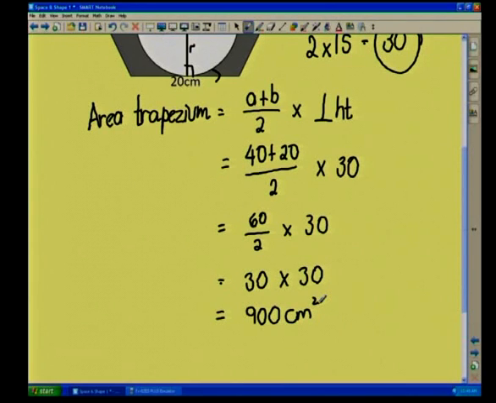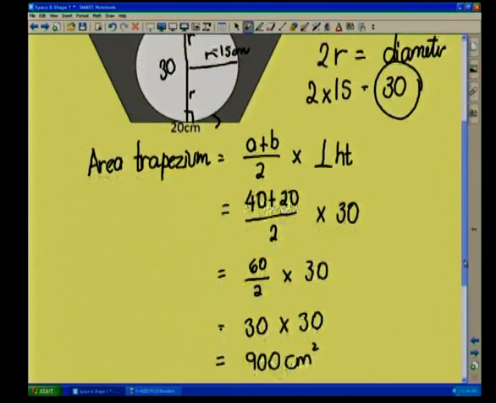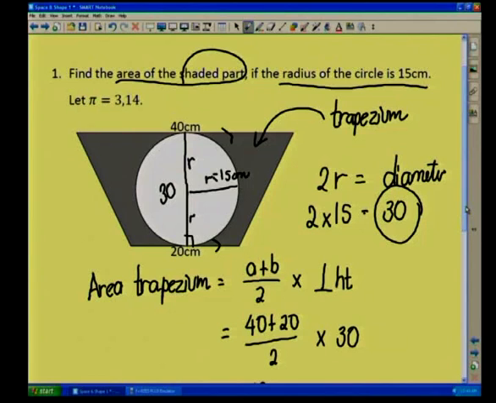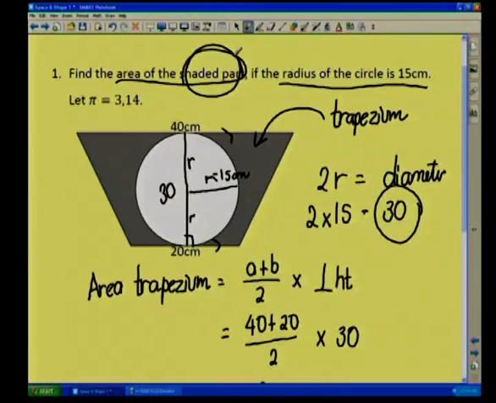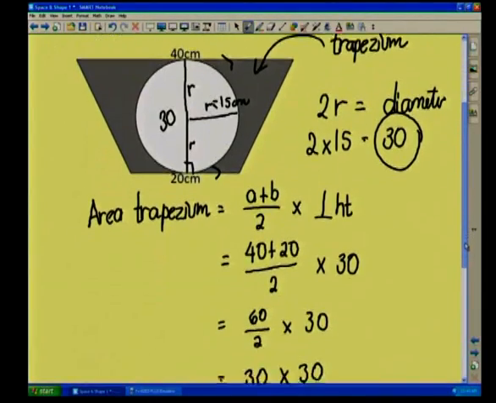Again, if you're not sure, use your calculator. But is that what we were actually asked to find? We were asked to find the shaded part. So I didn't need to just find out what the trapezium area was. I needed to find out the trapezium area, take away the circle. So I need to now find out what is the area of my circle.